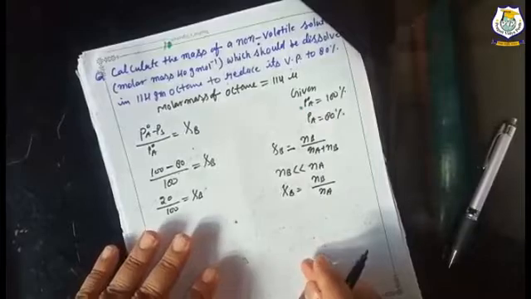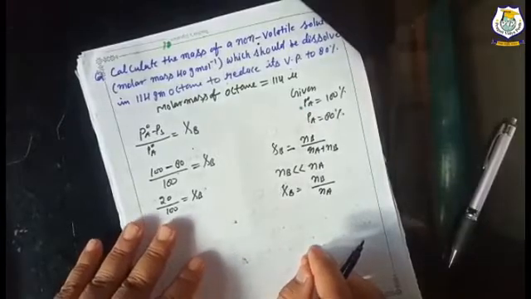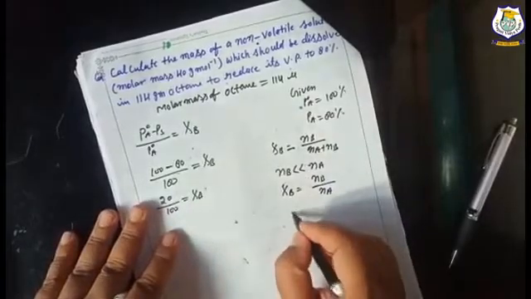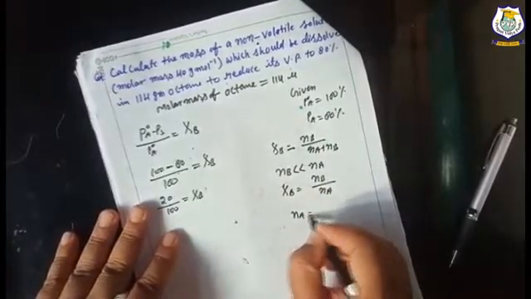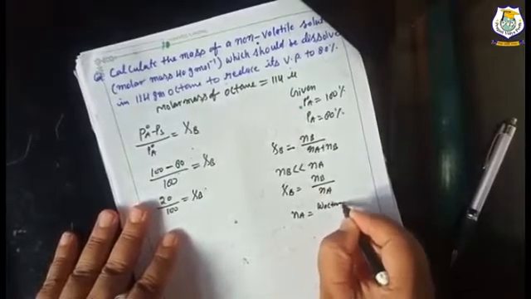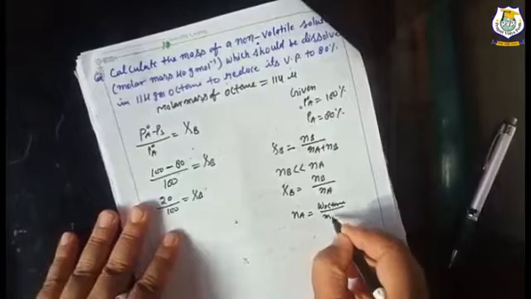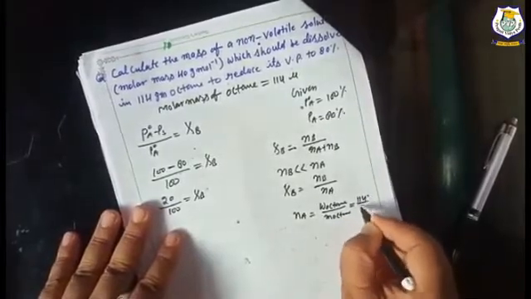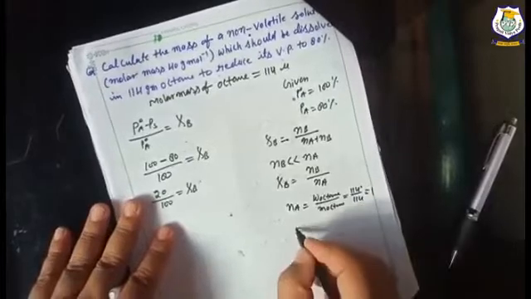The number of moles of A equals W octane upon M octane, which is 114 upon 114, equal to 1.